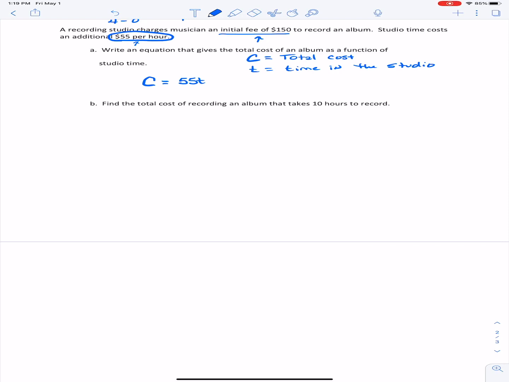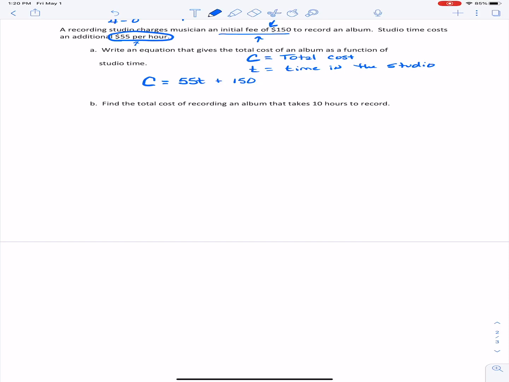And then we have to add, our initial fee is $150. So this is my y-intercept. That is where we start off our cost, is at $150. So we now have our equation in the slope-intercept form. We're not using y and x or m and b in this case. We're using C and t to represent our y and our x.